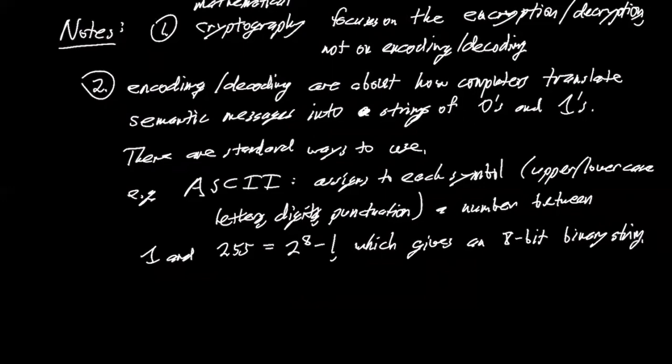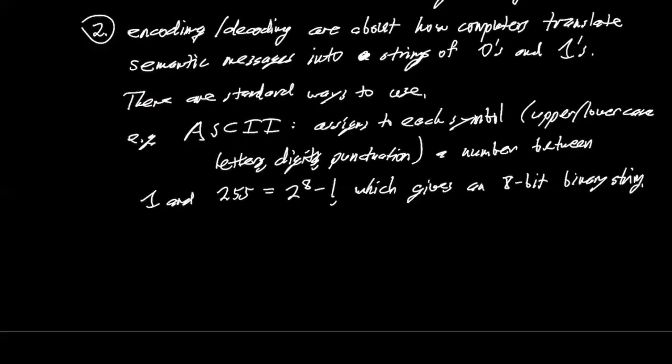Right, and then our messages, our blocks. In the example that I started with, each message was just one letter, and so you would send this message letter by letter.